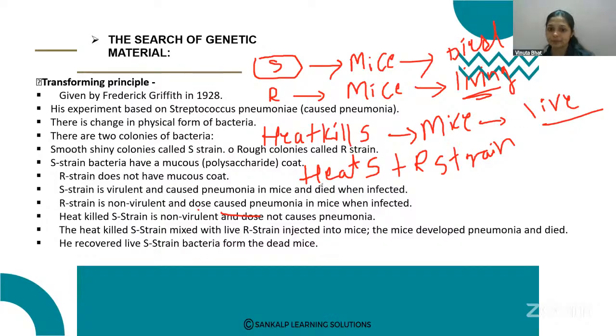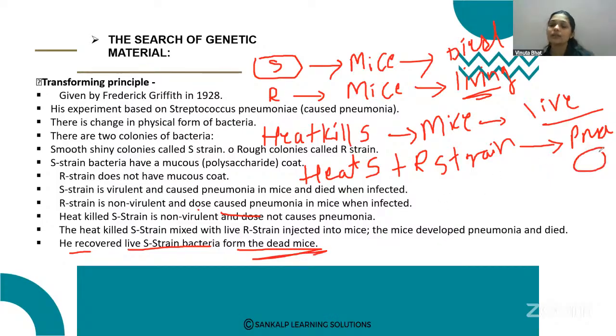But heat killed S strain plus living R strain is injected to the mice. Then the mice developed pneumonia and died because of that disease. He recovered S strain bacteria from the dead mice.